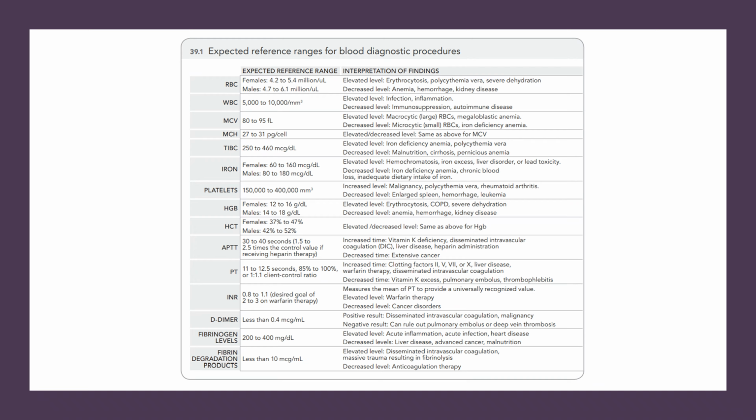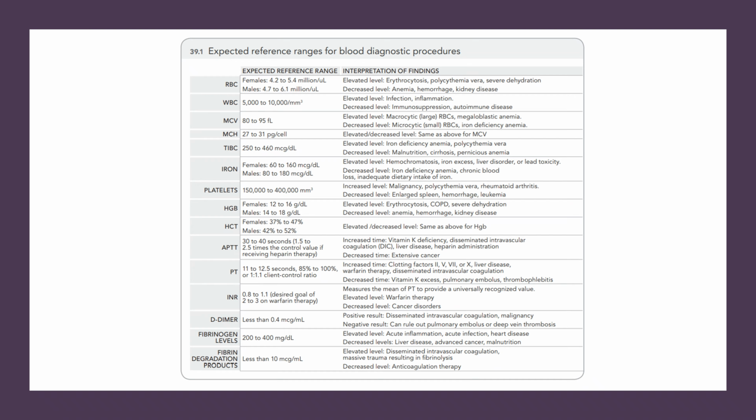The red blood cells, erythrocytes, they are like the oxygen delivery trucks of your body. They carry oxygen from your lungs to all your tissues. We have the normal ranges for females and males, and why they are important. If you have too few, it's anemia. Your body isn't getting enough oxygen.